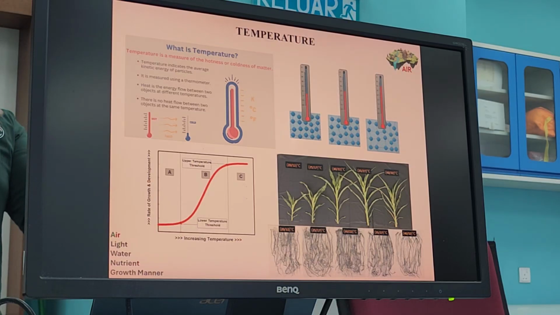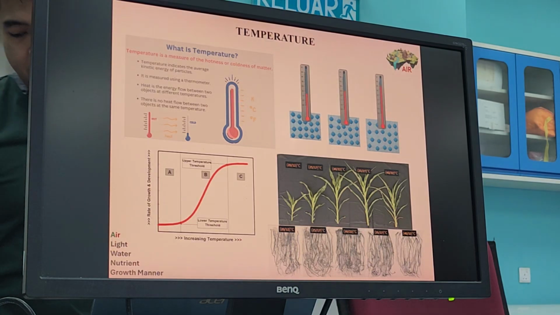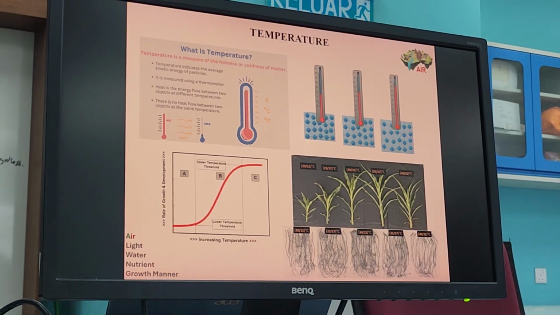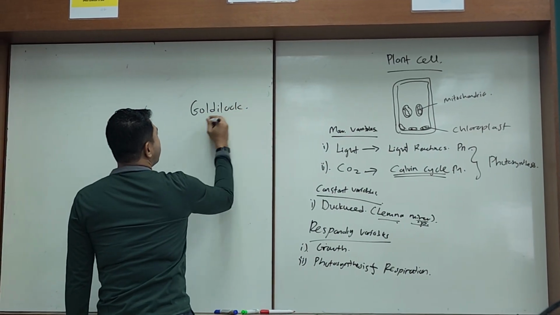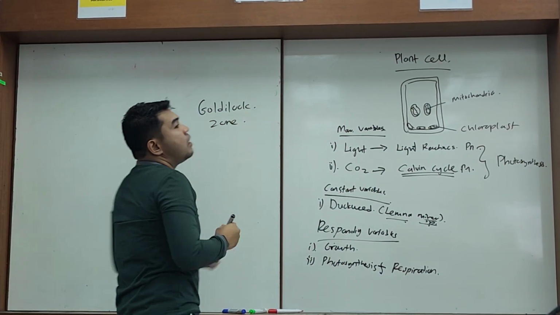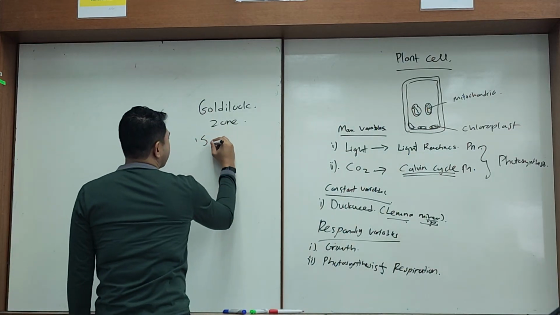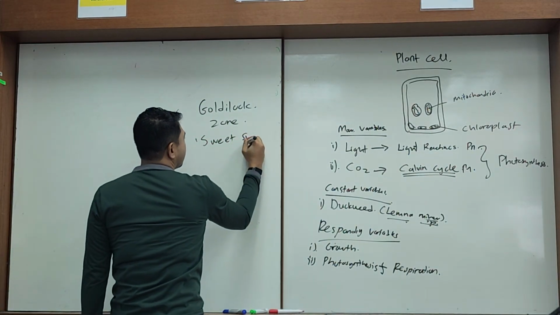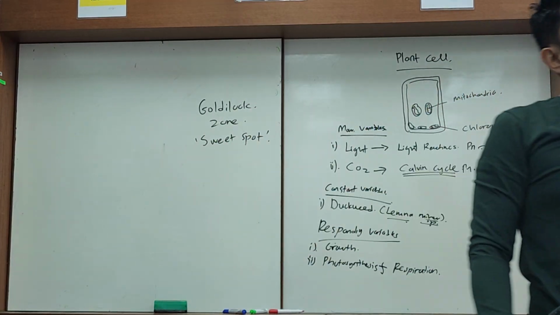So we are in what the ecosystem scientists call the Goldilocks zone. Have you heard that before? Goldilocks zone, meaning that it's a sweet spot. Not too cold, not too hot.